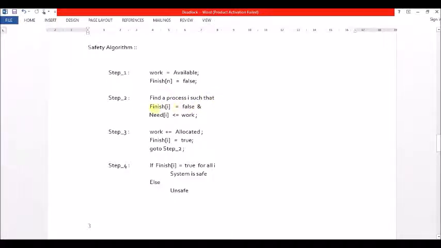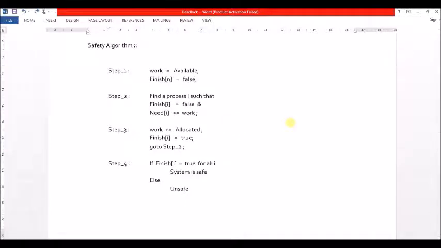It means it is requesting something, and whatever it is requesting is less than the available amount. But here, instead of money we have resources. So we find a process i which is not completed, meaning it is requesting some resources and we have that number of resources available.